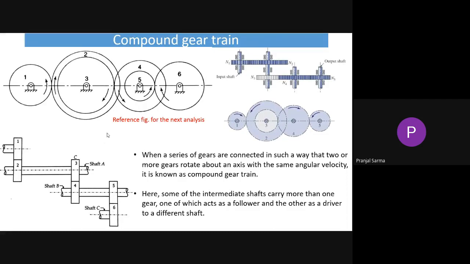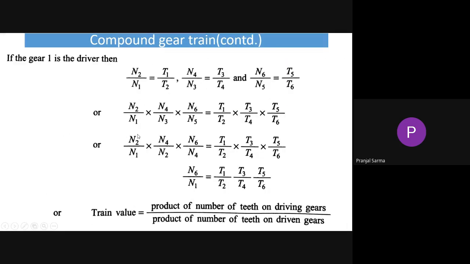ratio. For this case, once again, for analysis purposes, we'll consider pairs: 1 and 2, 3 and 4, and so on. If gear 1 is the driver, then for the first set, number 2 and number 1, N2 by N1 can be written as T1 by T2. Similarly, for the third and the fourth, N4 by N3 equals T3 by T4.